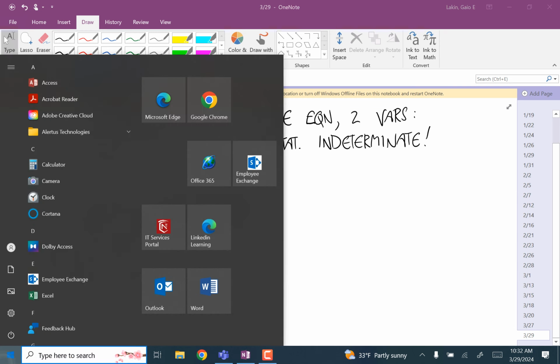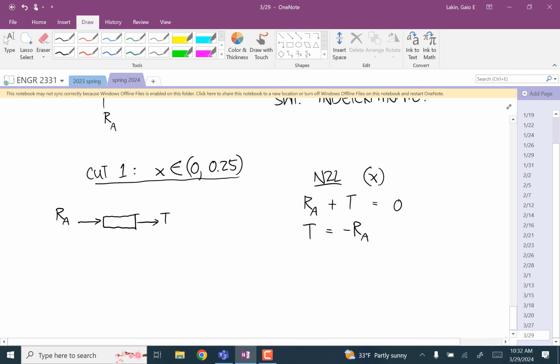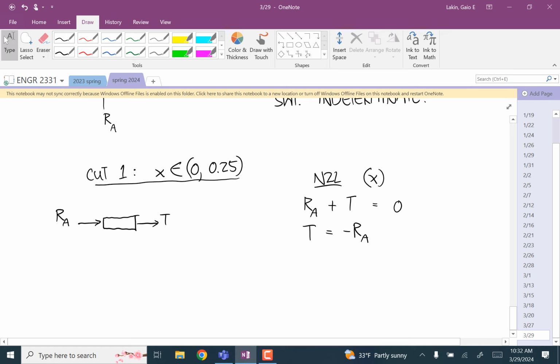We haven't made it to the 20,000 Newton force yet, so now we just have an internal tension. Newton's second law in what's now the x direction says RA plus T is equal to 0, so T is equal to negative RA. All I'm doing is calculating those internal tensions right now, so we can use them in that elongation formula.